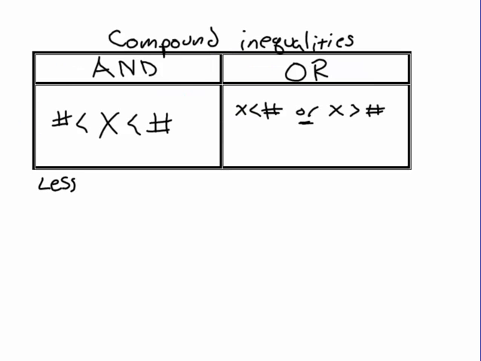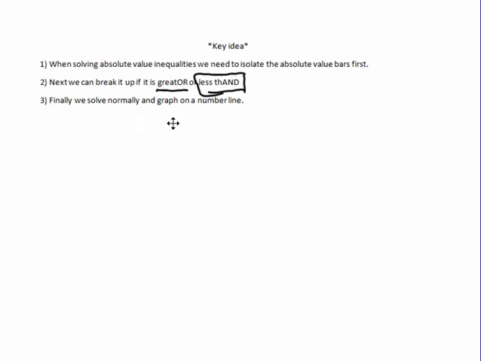Here's when we have the less than. So all of our absolute values that are less than, we're going to create and compound inequalities. The ones that are greater than, we're going to say they are greater. Okay? And so we're going to break them up, and then we solve normally and graph on a number line.